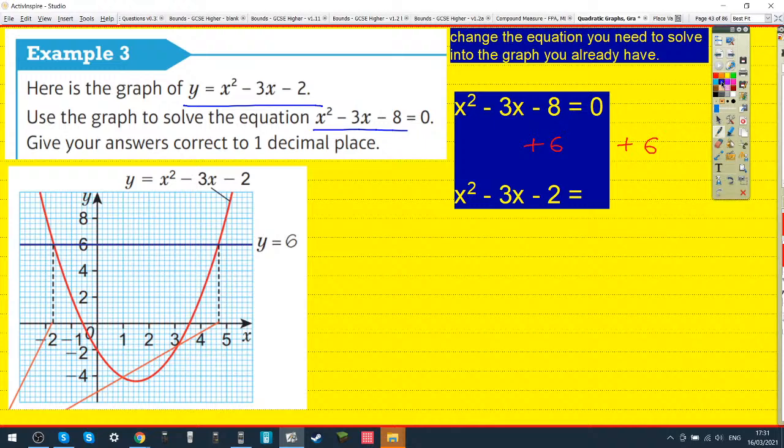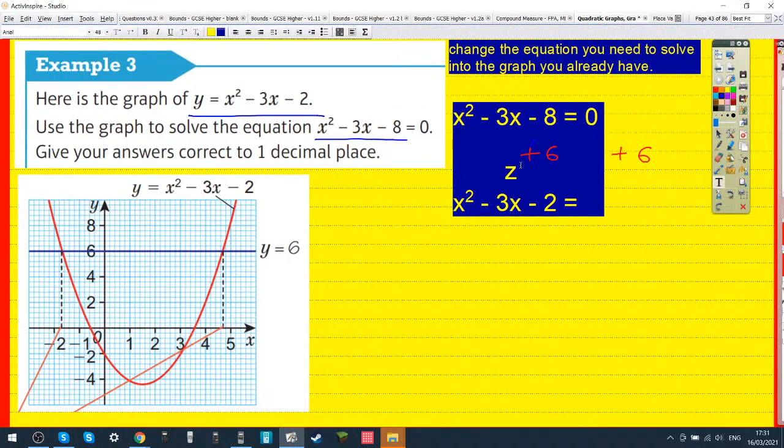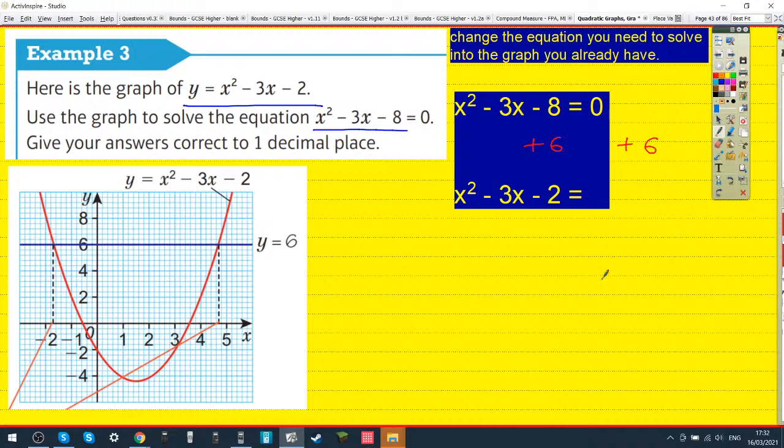No, that's multiplying both sides. So adding 6 to both sides changes the left side from the top into the bottom. What would then be on the right side if you add 6 to both sides?